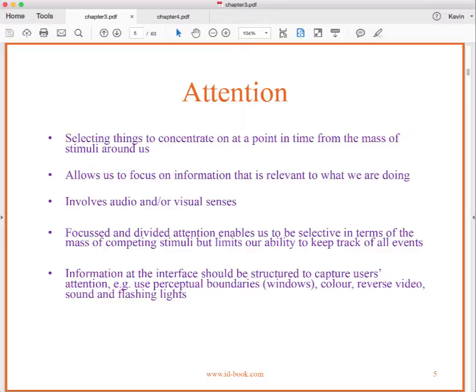There's a pretty good discussion of the risks of overusing that in the text, where if we're going to highlight everything, well, then we've highlighted nothing, right? If we're going to make everything flash, well, nothing's going to look distinctive.